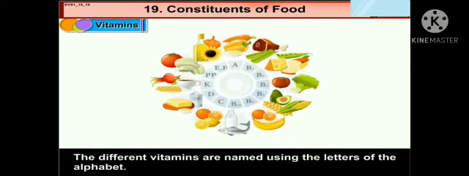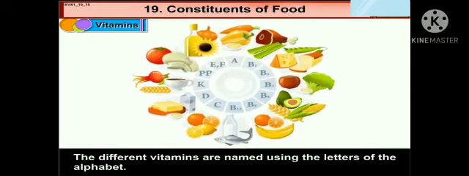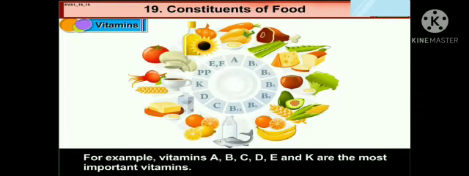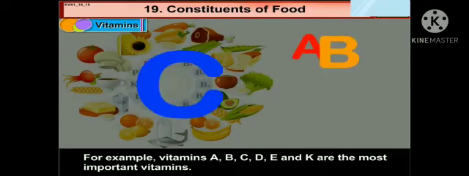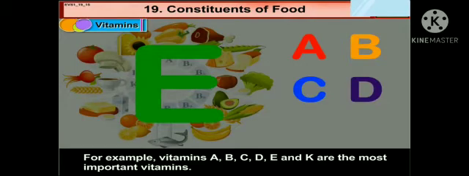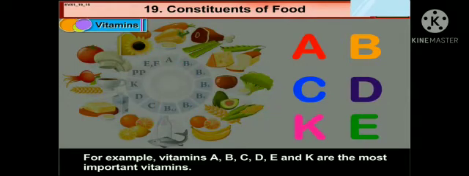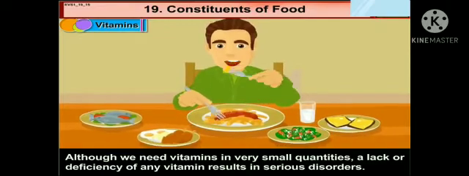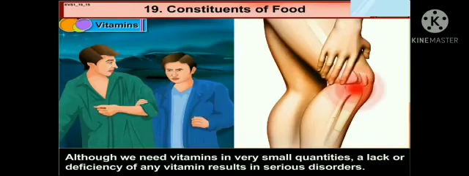Vitamins. The different vitamins are named using the letters of the alphabet. For example, vitamin A, B, C, D, E and K are the most important vitamins. Although we need vitamins in very small quantities, a lack or deficiency of any vitamin results in serious disorders.